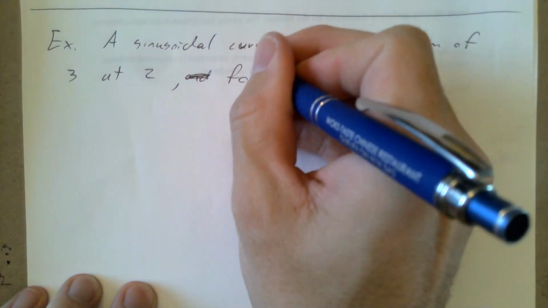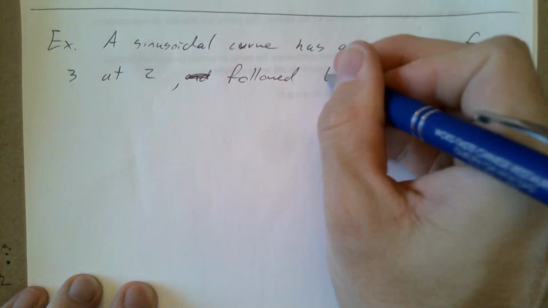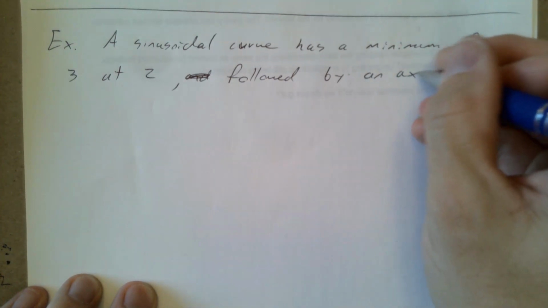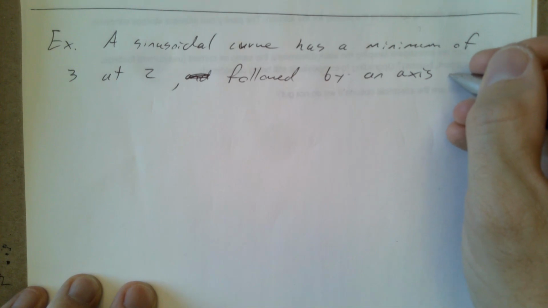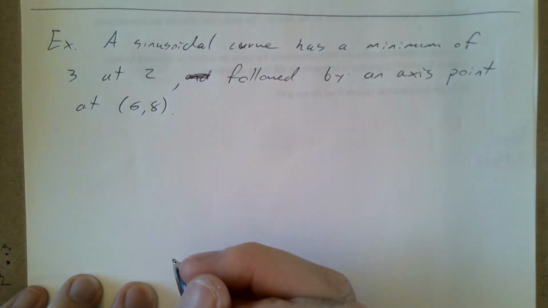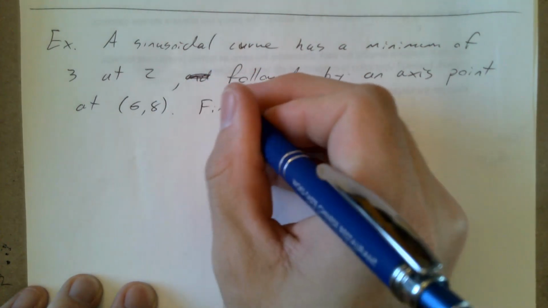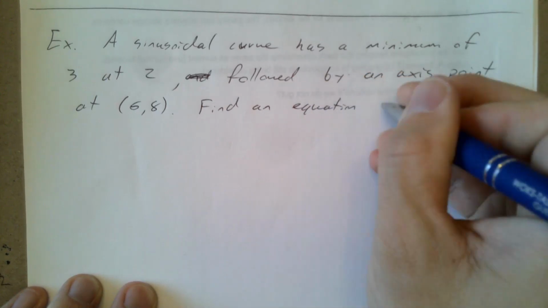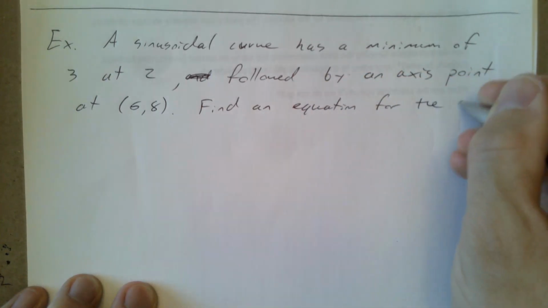Followed by, what's a key word here? An axis point at 6, 8. Let's find an equation for the curve.